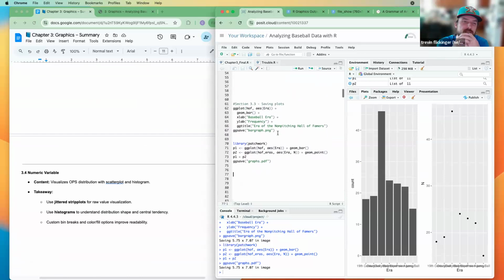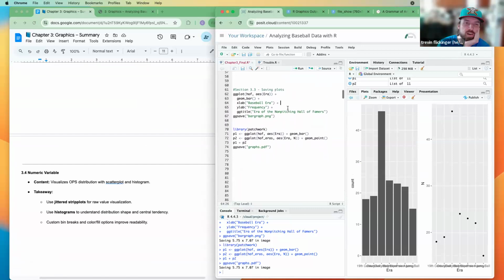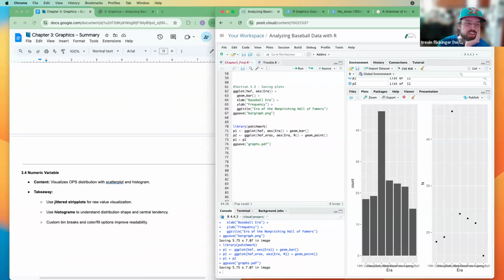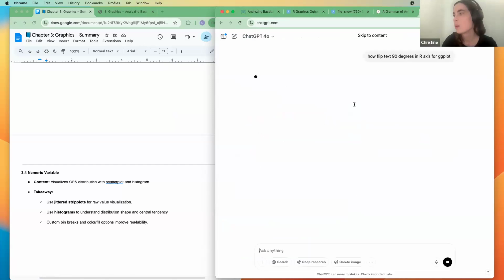That might help as well. Do you know how to do that off the top of your head? I can also use my friend ChatGPT. I'm not sure. All right. Flip text. All right, we will find out together.